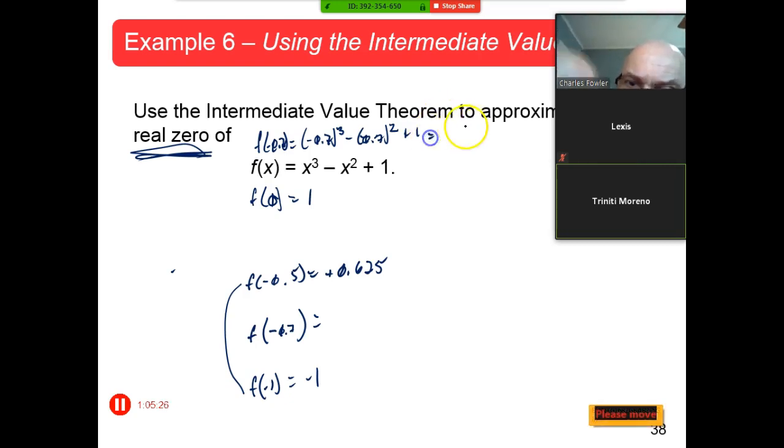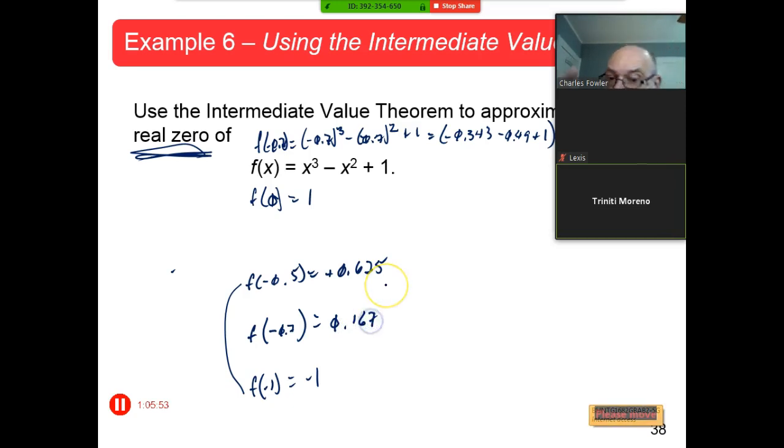So what did you just say that first one was? Negative 0.343. Then you have a minus 0.49 plus 1. All right? What do those add to? 0.167. You see, we're getting closer and closer to a 0.